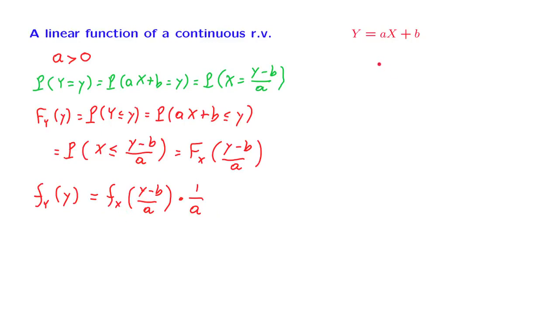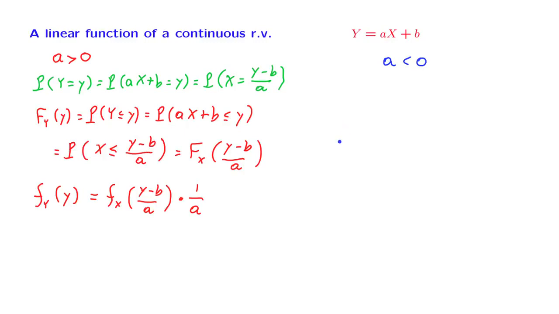How about the case where a is less than 0? What is going to change? The first step up to here remains valid, but now when we divide both sides of the inequality by a, the direction of the inequality gets reversed.